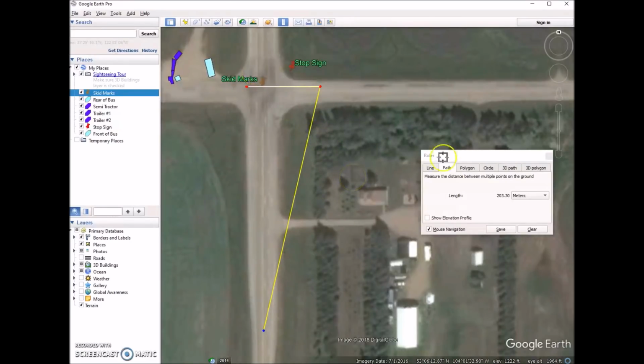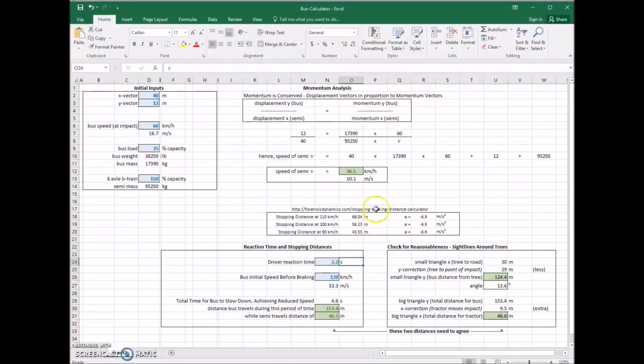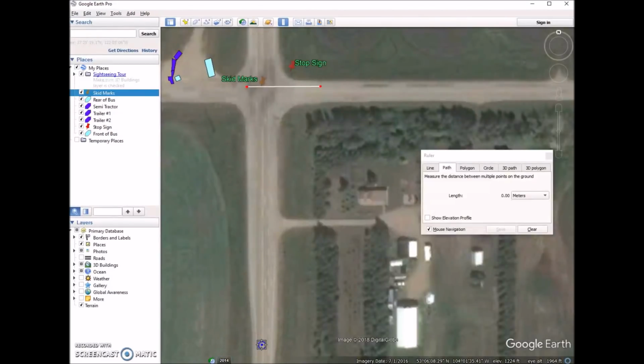Okay, I kind of have a concern with that scenario though, even though mathematically it seems like it works. The problem is that you've got a truck driver. He has to take some responsibility for what he's looking at too, especially if he's only going 36.5 kilometers per hour. There's a bus coming from here.